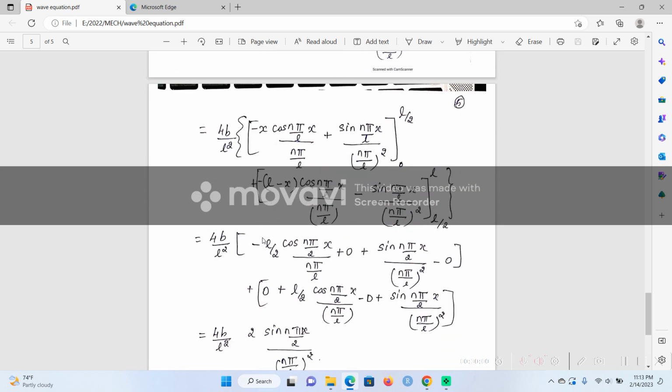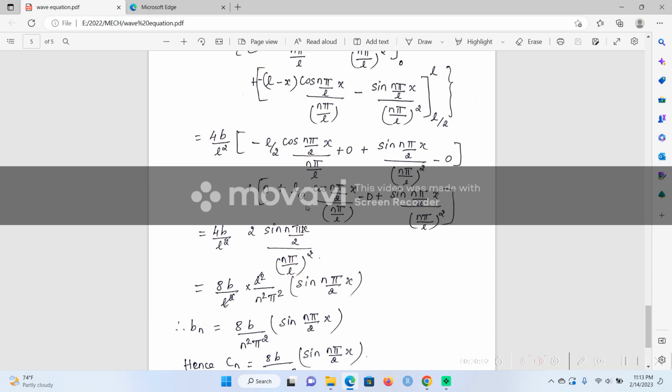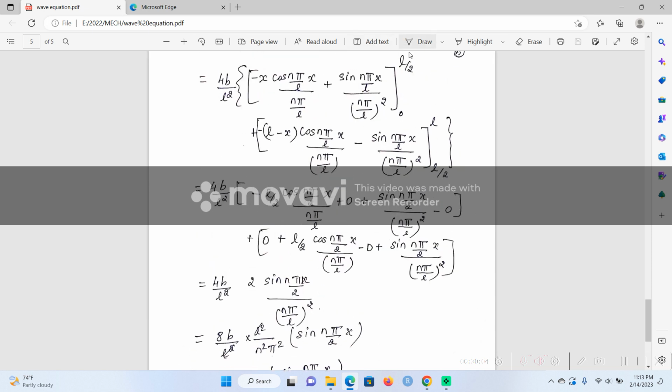So now we are going to substitute the limits. First we have to put the upper limit and then the lower limit. So it is L by 2 cos(n pi), and if we put x value L by 2, the L's get cancelled, so we have n pi by 2 in place of n pi x by L. So the first term upper limit substitution is over.